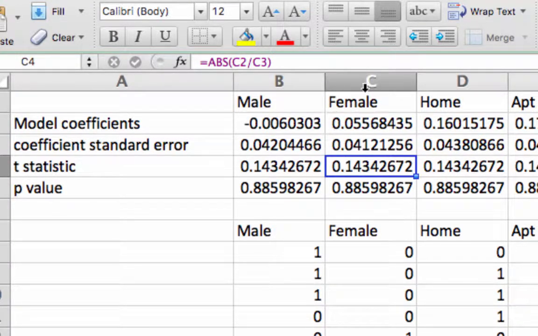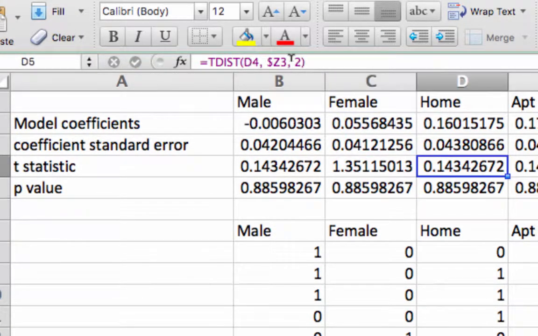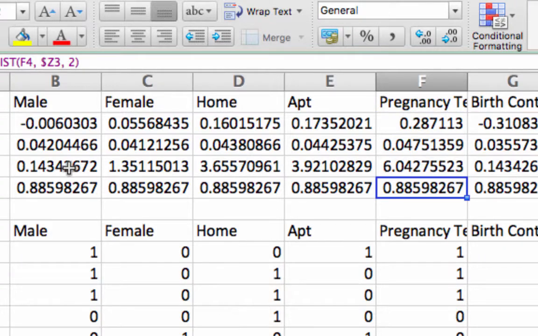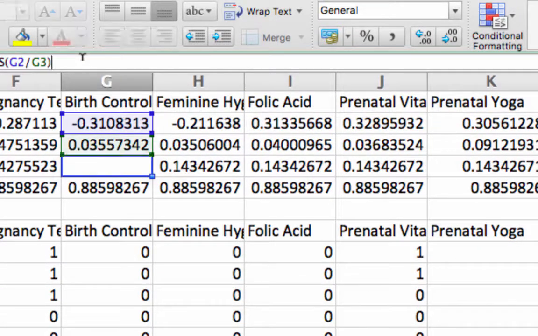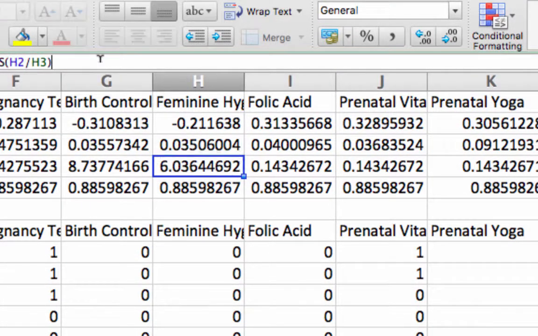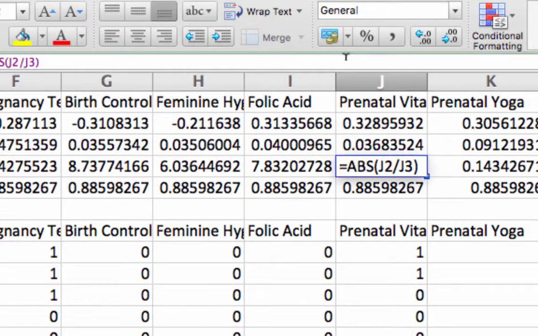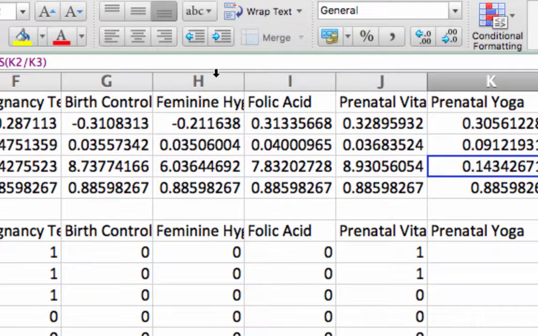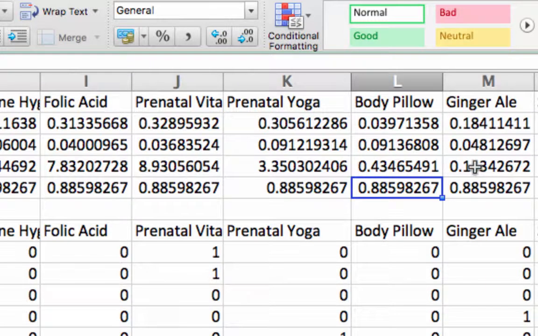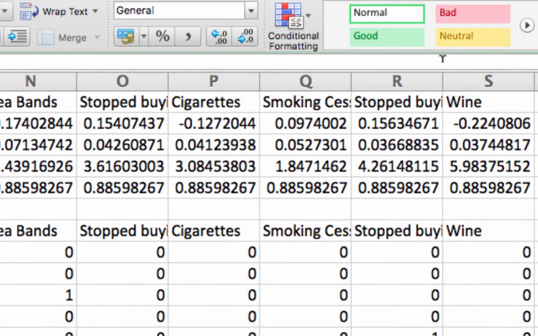So if I go through and I press enter on each one of these, you can see that I'm getting wildly different t-statistics on all of these. And this is not normal. It must be something I messed up, some sort of setting. But you can see along row 4 that these t-statistic values are looking now like what they should look like.